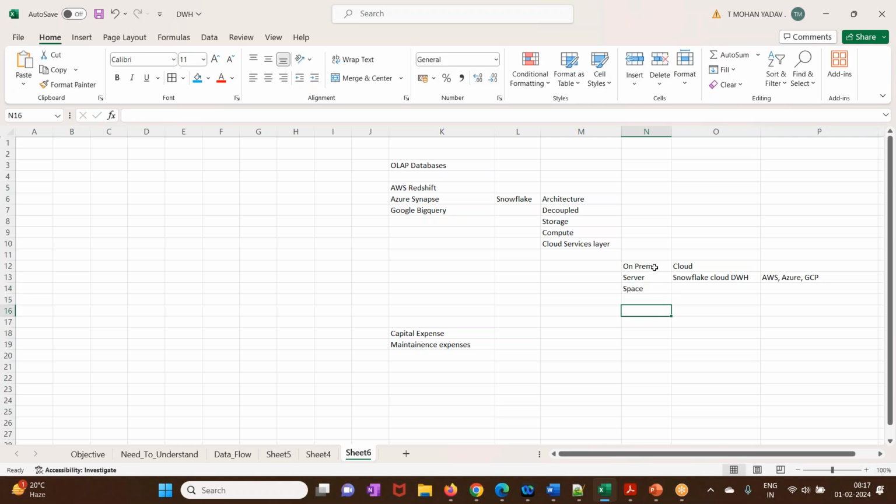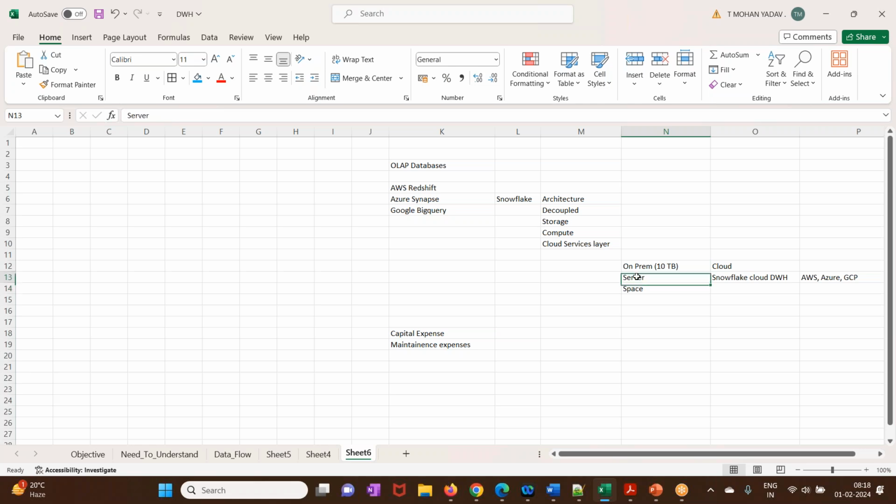Let us consider that we have acquired a server which can store up to 10 TB. On-prem means we are going to build the services by ourselves, on a physical location. So we need to acquire the server and first buy a space to establish it.